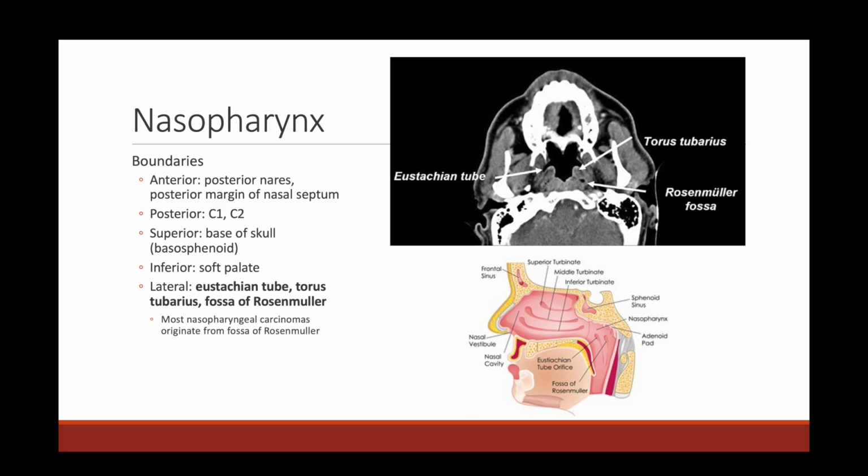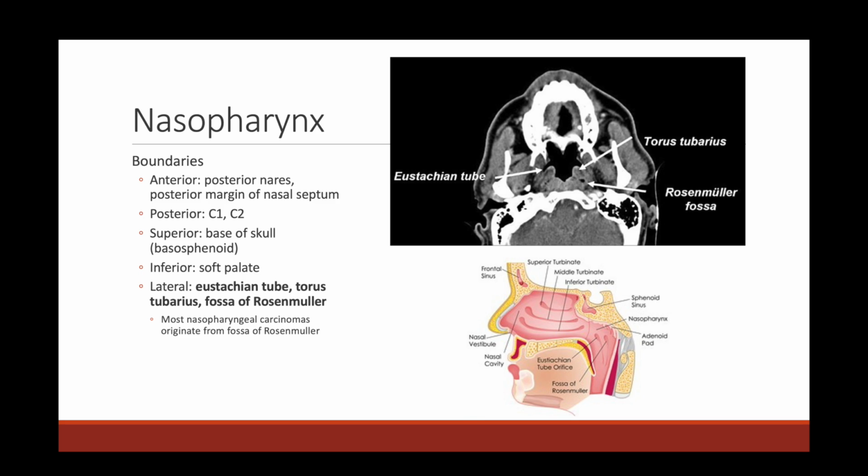But what you should know about the nasopharynx is that it sits just behind the nasal cavity. It sits just above the oropharynx, and it's located very, very close to some critical structures, including our brainstem and our spinal cord, and the base of the skull, which contains a lot of very important cranial foramina, where some very critical nerves come from.